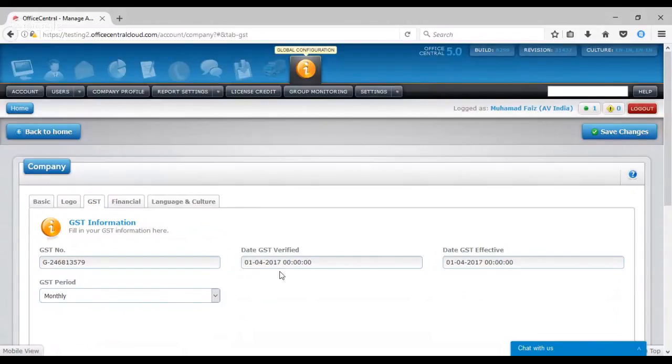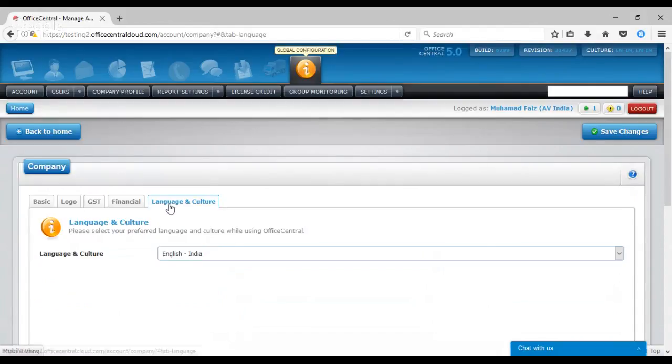You also need to do the setting for when your GST starts. If you start on 1st of July, then just put it at 1st of July. But during the testing period, you can select any month you like. Just play around with the system. It doesn't matter. When the real GST starts, you can set the correct GST date, and then we can remove the previous transactions. You select the language and culture, and then you select English India.